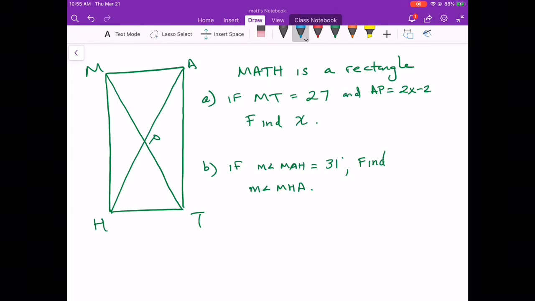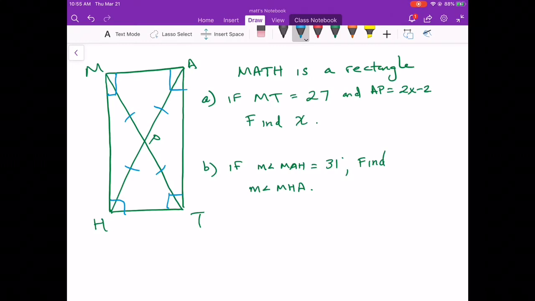So right away, as soon as they tell us that it's a rectangle, I'm going to go ahead and mark that all of these are right angles, and that we know that all 4 of these pieces are congruent because the diagonals themselves bisect each other. All right, so now let's work through the information in part A. MT, which is this diagonal from M to T, is 27.